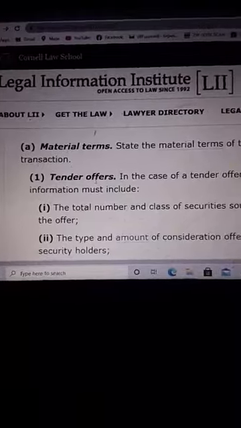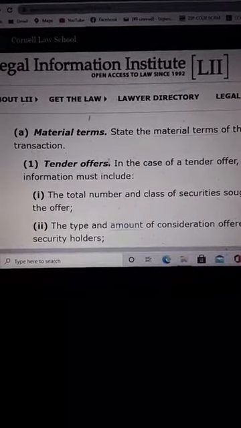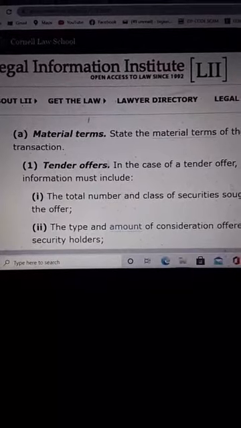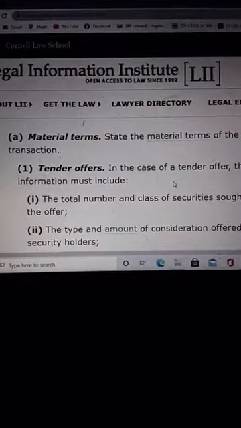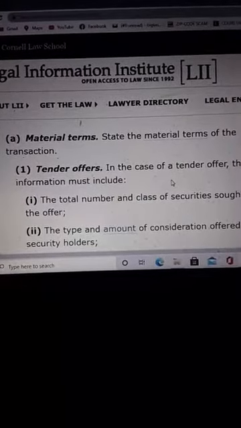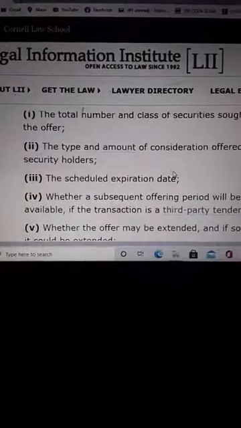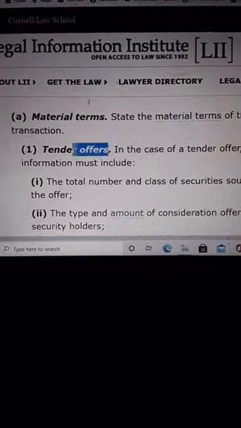Who made the offer? Why? Why are they making an offer? That's why you tender payment. You offer payment. You don't offer offers. That's babbling. This is proof that these people are babbling, and I can prove it. I just showed you. They're babbling.